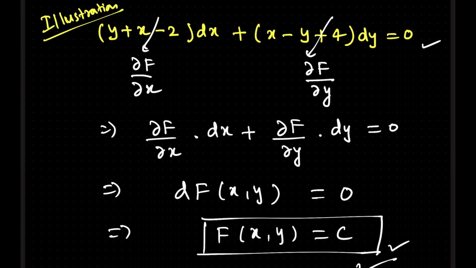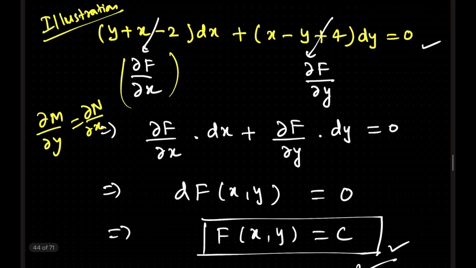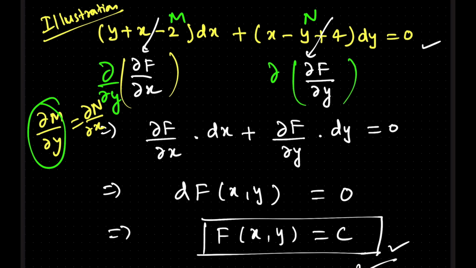Also, why are we checking the condition dou M by dou y is equal to dou N by dou x? You can understand this because we have already seen this is M and this is N. When you find dou M by dou y, you differentiate with respect to y, and when you find dou N by dou x, you differentiate with respect to x.